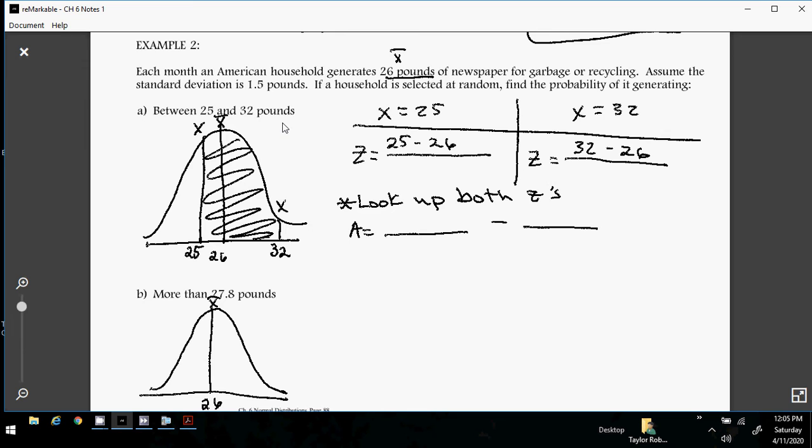The average doesn't change. Now, in our problem, it also said assume the standard deviation is 1.5. So that's our S. It's going to go on the bottom. So x minus x bar over S. We're going to have two z-scores to look up. So let's go to our calculator.